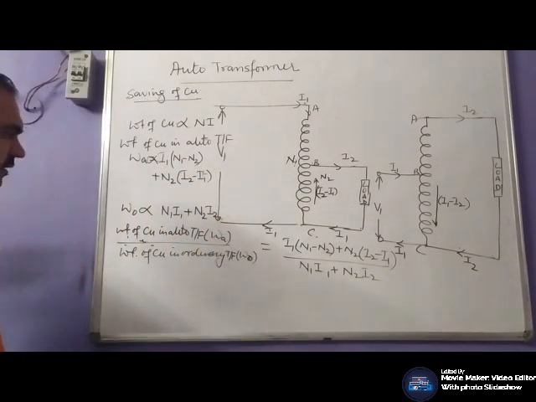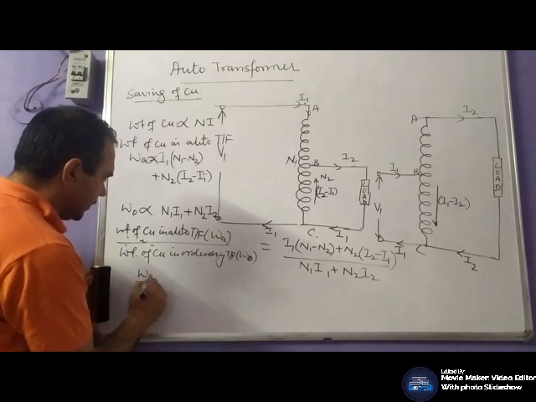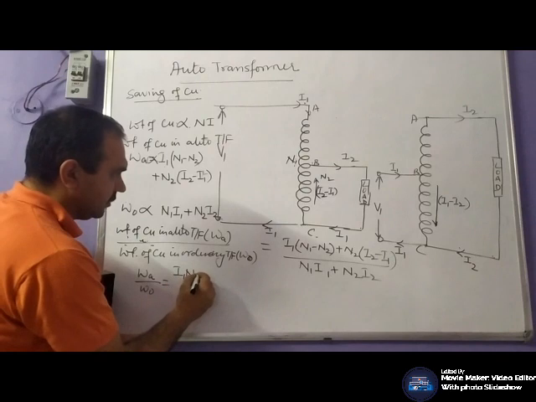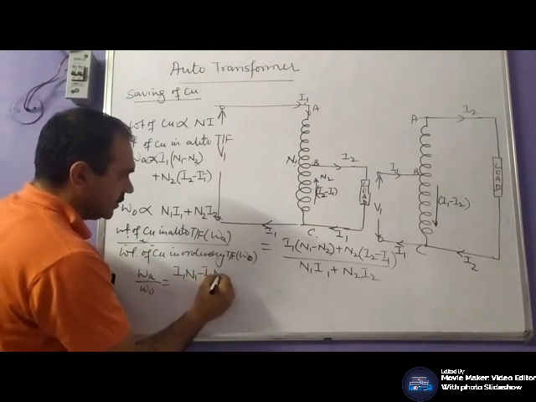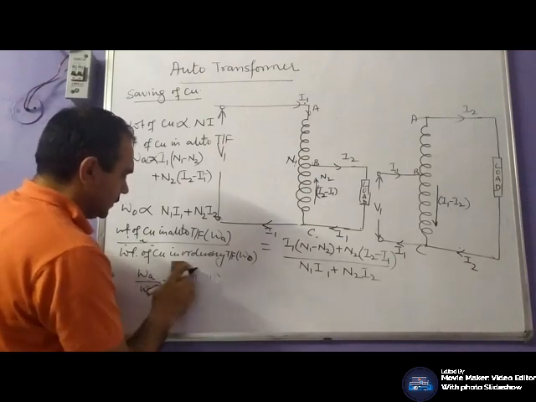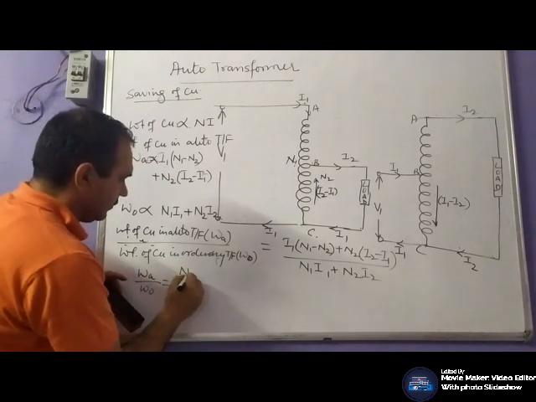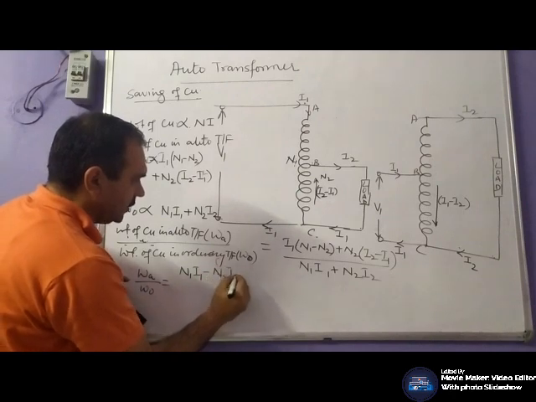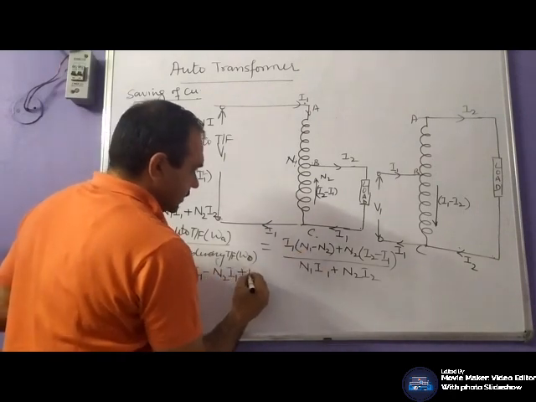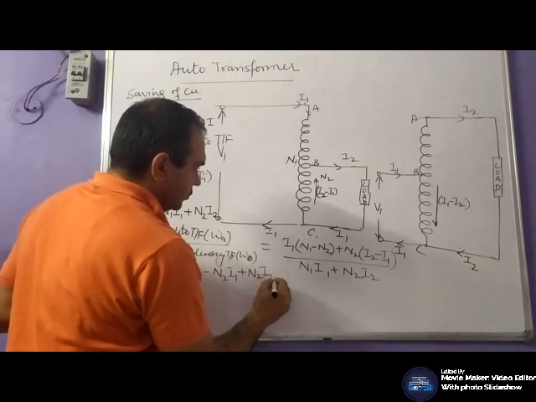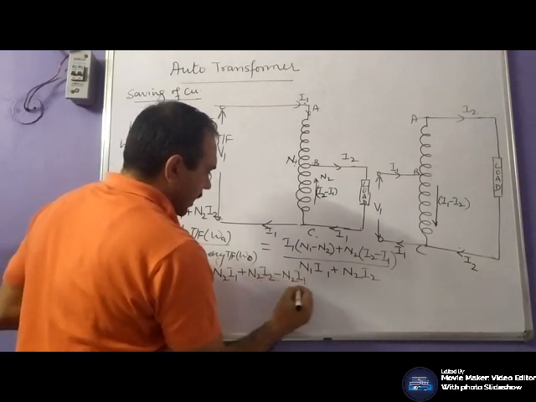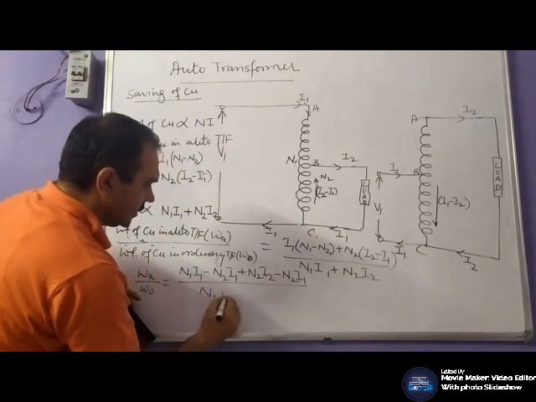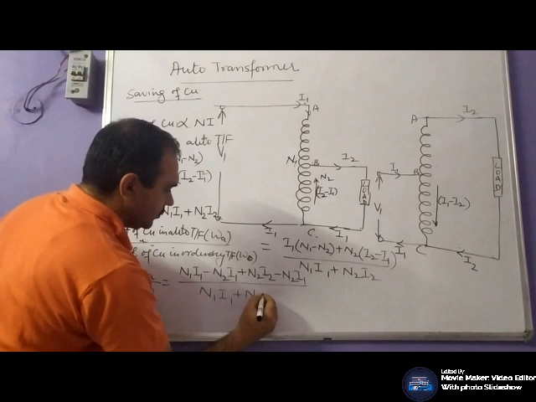Now we simplify it. So this WA by WO would be equal to N1 I1 minus N2 I1 plus N2 I2 minus N2 I1, divided by N1 I1 plus N2 I2.